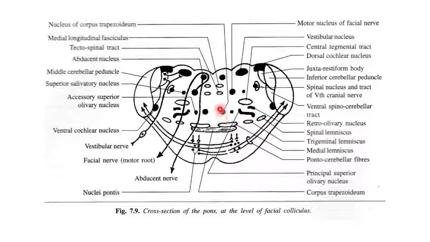These three nuclei collectively are known as the superior olivary nuclear complex. As you can see, it consists of S-shaped principal superior olivary nucleus. Medial to it lies the accessory superior olivary nucleus, and dorsal to it is the retro olivary nucleus.